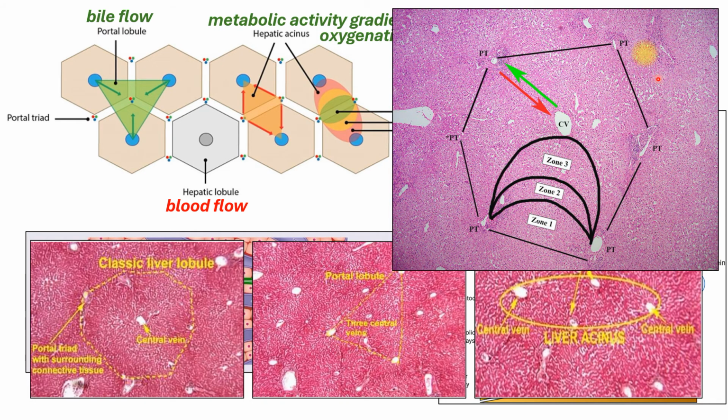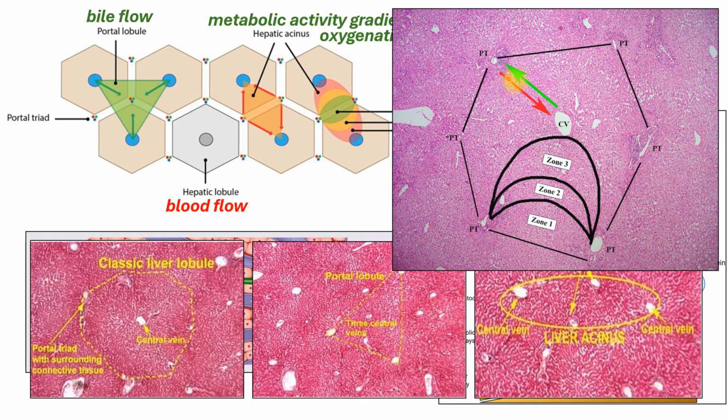This is another look into the three lobules. Classic lobule, hepatic lobule. And then here we can have our portal lobule, with central veins at the corners and portal triad at the center.